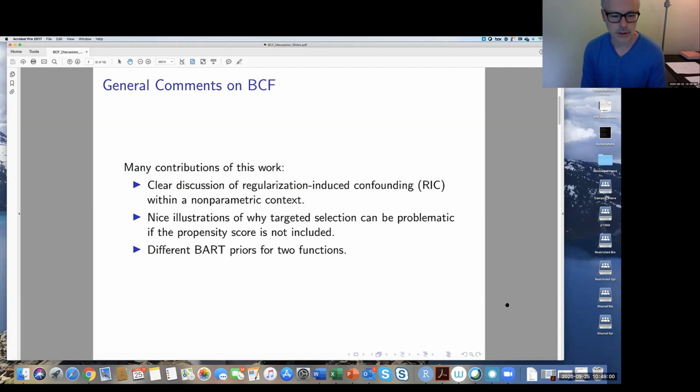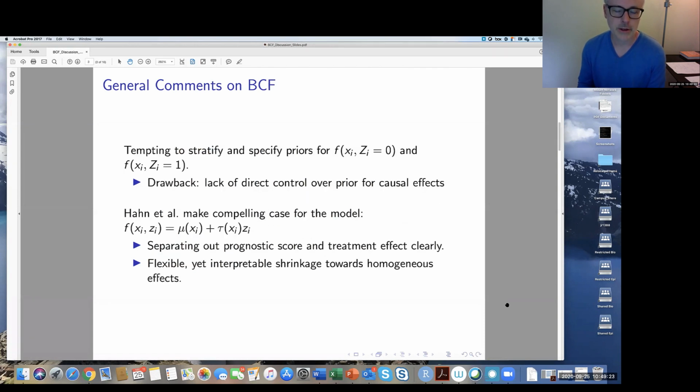I thought that was really nice. They also have some nice illustrations of why targeted selection can be problematic if you don't include the propensity score. And I think they also proposed a couple of different BART priors that you can use for different amounts of regularization.